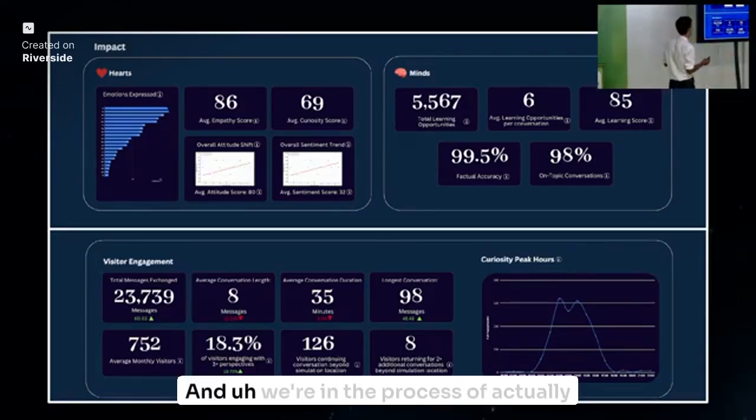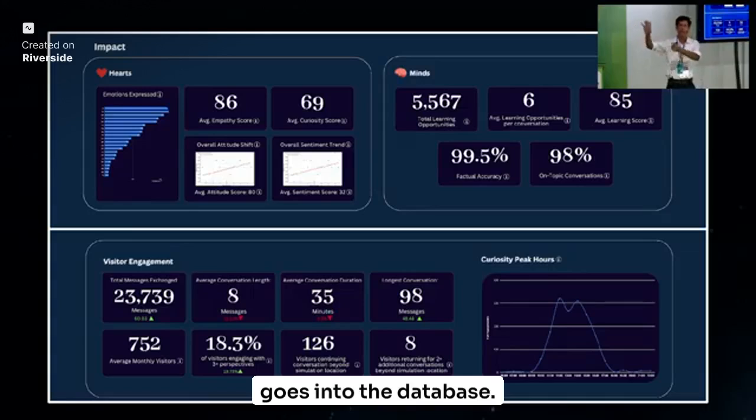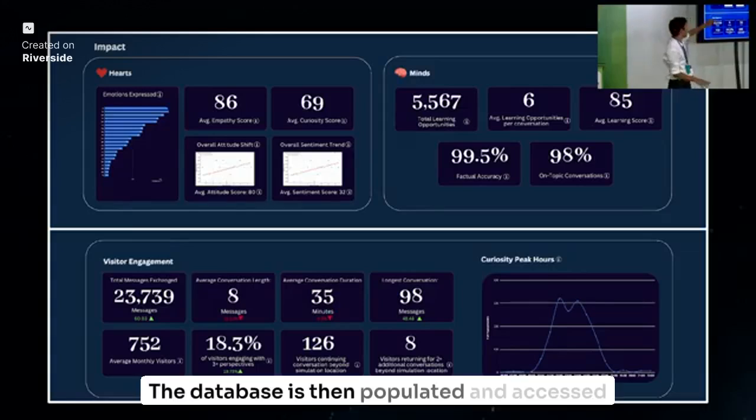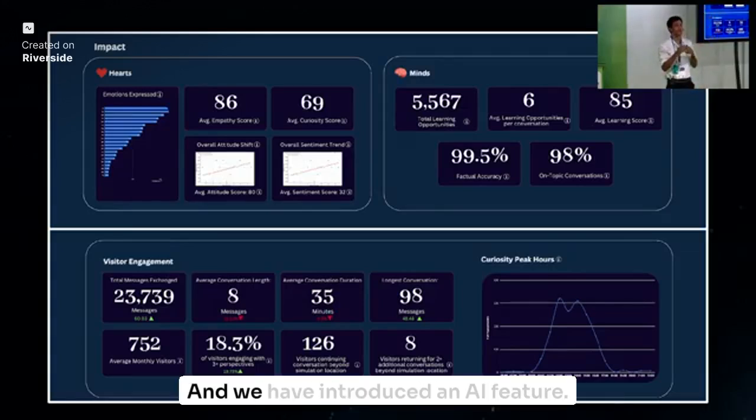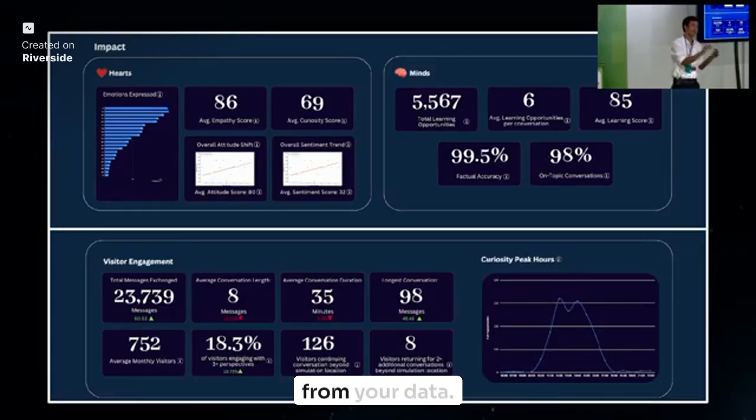And we're in the process of actually adding an AI feature even within this. So as soon as you have a conversation, your conversation goes into the database. And the database is then populated and accessed through the dashboard. And we have introduced an AI feature. It's not perfect yet, but it can enable you to ask any sort of questions that you ask from your data.